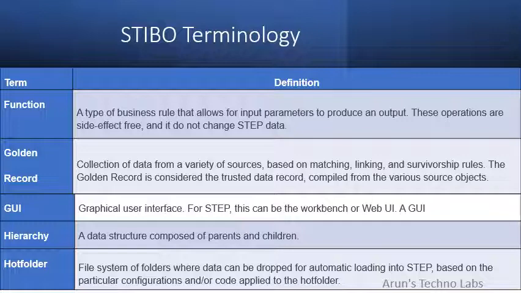Each hierarchy is defined with certain levels based on the business decision: level 1, level 2, level 3, and each has a relationship like parent, child, grandparent. So these are the references to each of the levels, and that we call the hierarchy.